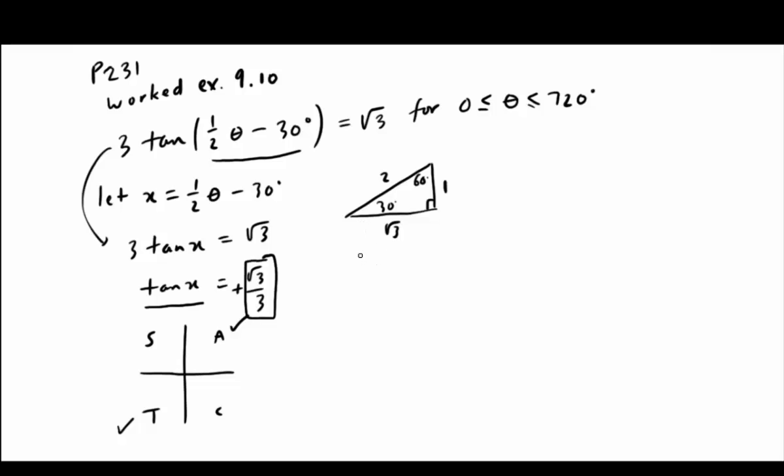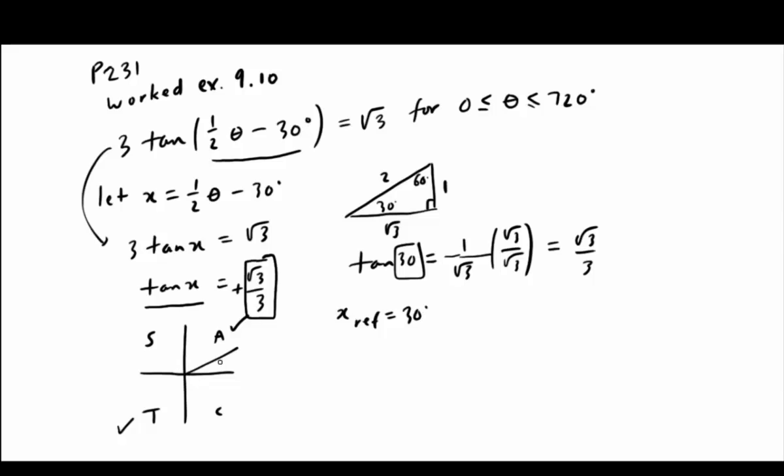tan 30 degrees is equal to opposite over adjacent. Opposite is 1, adjacent is root 3, and of course we can rationalize. Multiply top and bottom by the same, okay, and we have root 3 over 3. So the reference angle we're interested in is x reference equals 30 degrees.